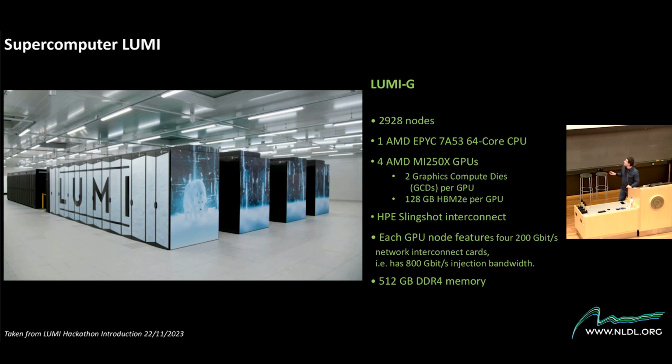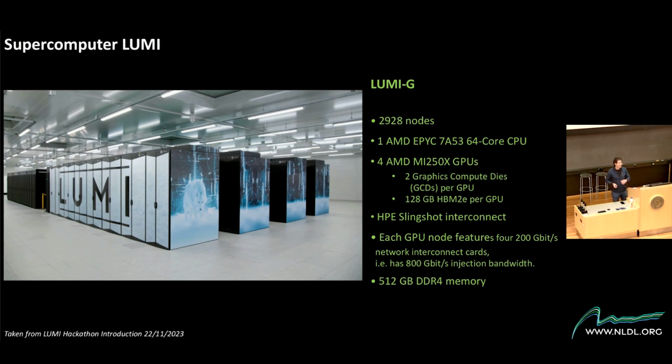And the memory, with 128 gigabytes of memory per GPU. Per GPU, I mean per AMD MI250X GPU, or 64 per GCD. But we will see another picture where you can see these features a bit clearer. The compute nodes in LUMI are interconnected via Slingshot.